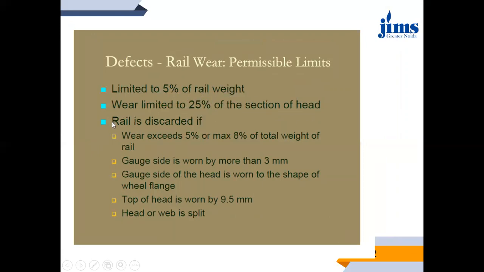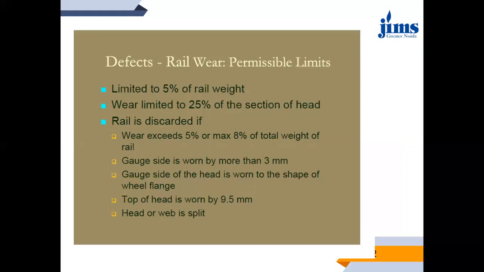Now the rail is discarded under the following situations: if the wear exceeds 5% or maximum 8% of the total weight of the rail, or the gauge side is worn by more than 3 mm, or the gauge side of the head is worn to the shape of the wheel flange, or the top of the head is worn by 9.5 mm, or the head or web is split. So basically these are the conditions under which the rail is discarded.